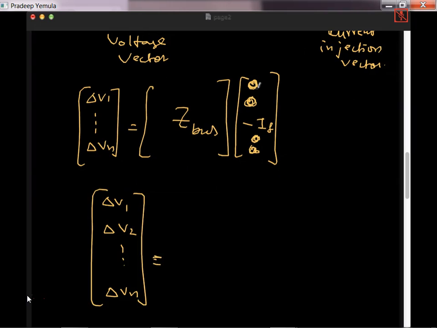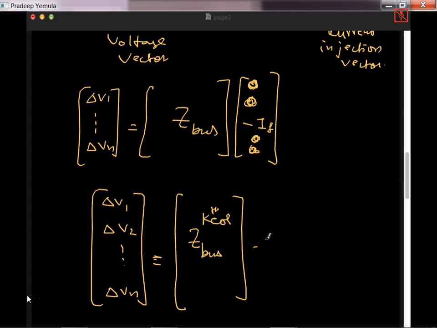Because this is 0, the first column elements will get multiplied by 0. The second column elements will get multiplied by 0 and so on. So only the kth column elements will be available here for multiplication with minus IF. So I'll write it Z bus kth column.